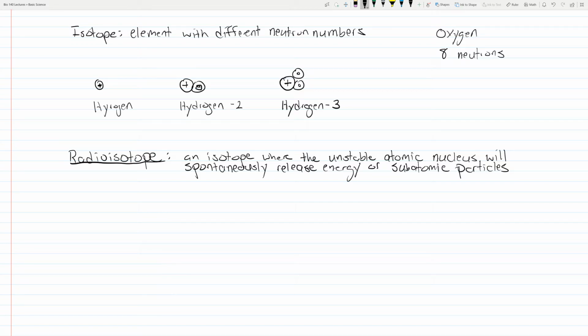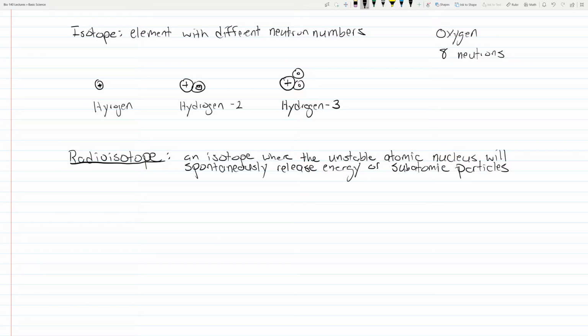You have an isotope structured in such a way that it's got too many neutrons or too few neutrons, and that makes the nucleus of the atom a little bit unstable. When it's unstable, it's going to eject some energy, or subatomic particles, to bring it to a stable nucleus.